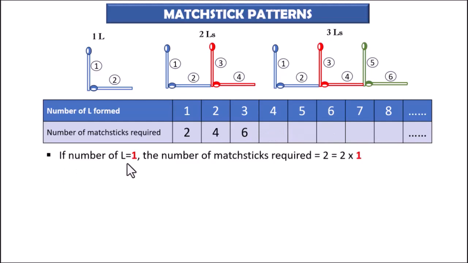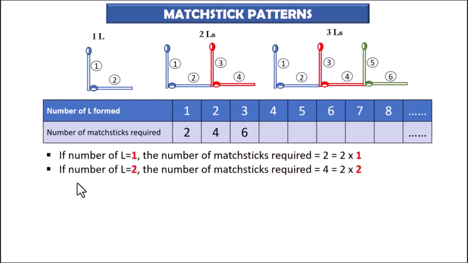If the number of L is equal to 1, then the number of matchsticks required is equal to 2, and this 2 we can write as 2 into 1. That is, when L was 1, here also 1 is coming, and for each L 2 matchsticks are required, so the number of matchsticks required will be 2 into 1. If the number of L is equal to 2, then the number of matchsticks required is equal to 4, that is 2 into 2.